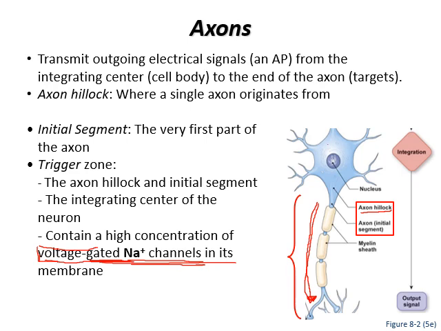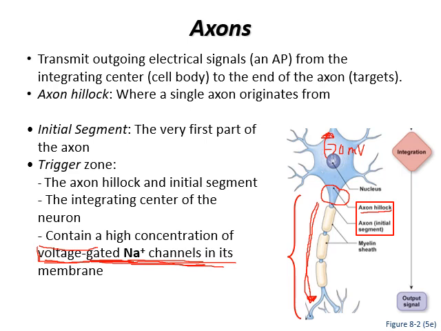Usually the cell is at negative 70 millivolts. It is more negative inside. But if this changes to a more positive voltage, that can cue these gates to open. So we'll get into great lengths and details of these channels, but just remember this is the initial stretch where we see those sodium channels.